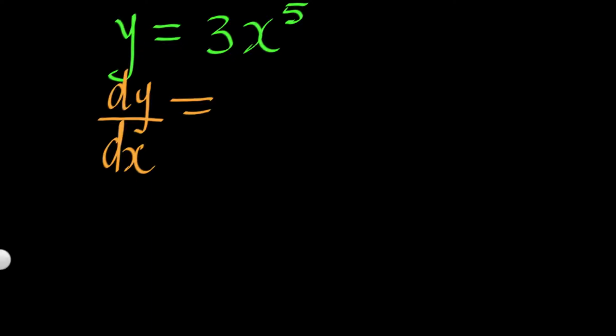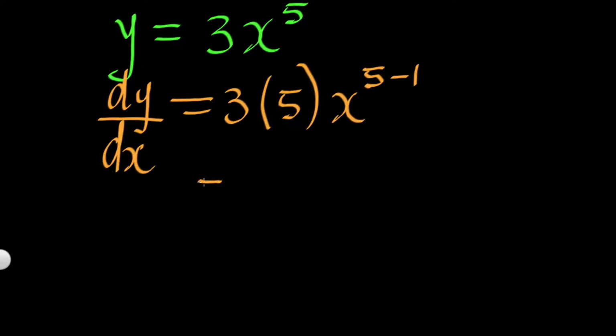So what we do is we take the 3, we multiply it by 5, which is the power. And on our x, we reduce the power by 1, which means we have 5 minus 1, which gives us 15x to the power of 4.